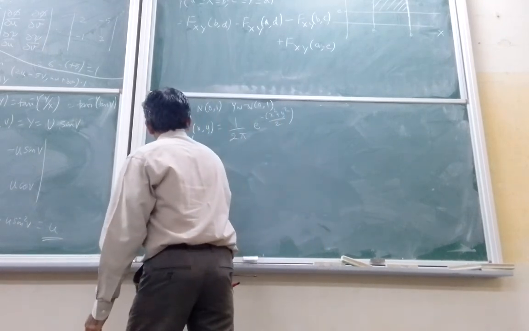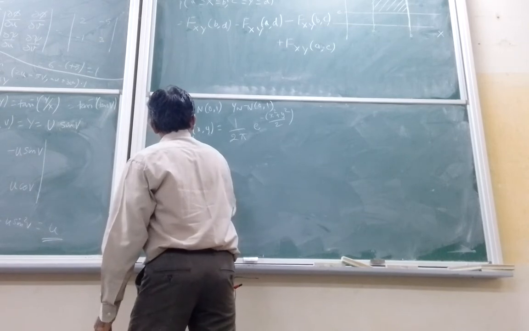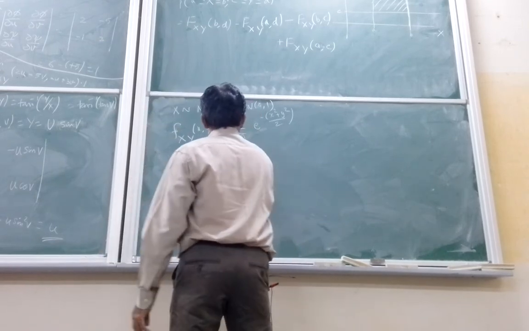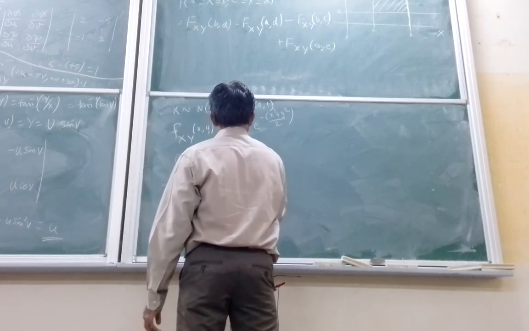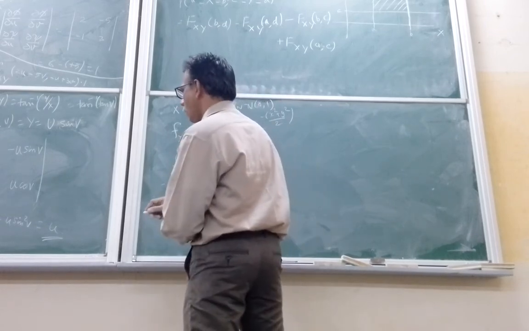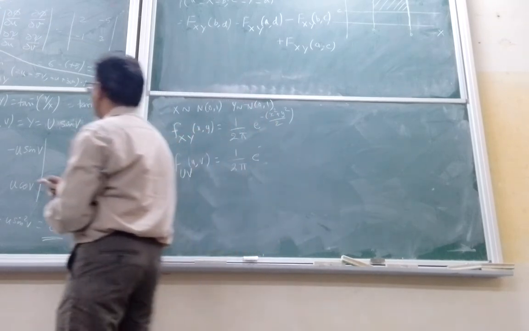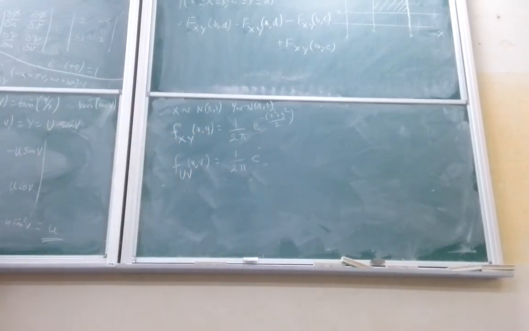So I want to put for x in place of x, where is it?